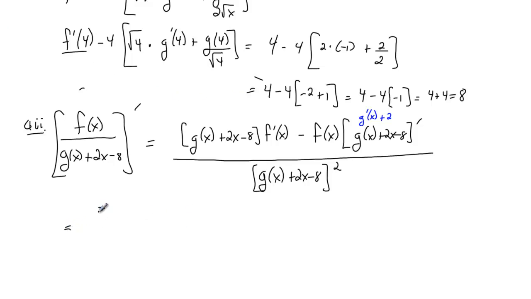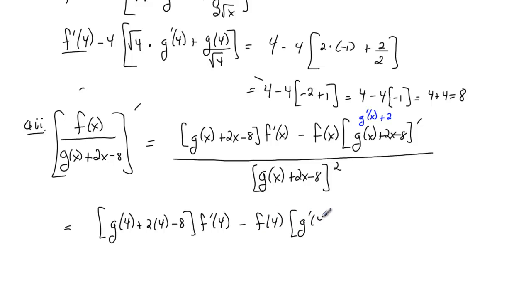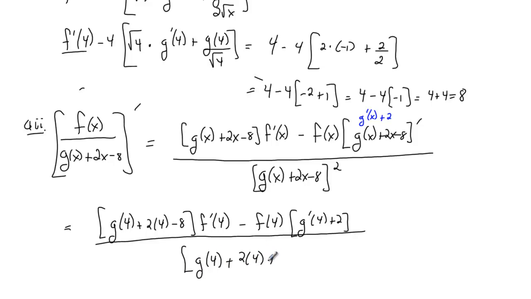So here we're going to have g of 4 plus 2 times 4 minus 8, times f prime of 4, minus f of 4 times g prime of 4 plus 2, all over g of 4 plus 2 times 4 minus 8 squared.